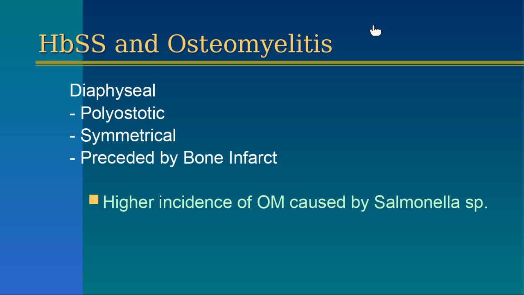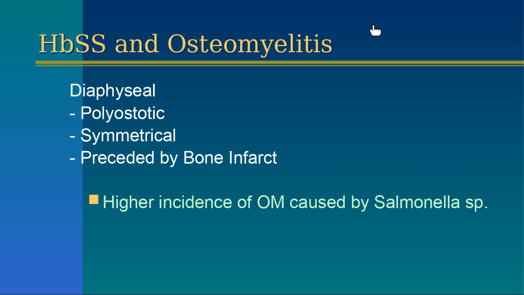And so the Salmonella may cause infection, whereas in persons without sickle cell disease, they're able to fight the Salmonella species. Having said that, the commonest organism that creates osteomyelitis in sicklers, for the most part, is still Staph aureus. What I'm saying is that there's a higher incidence of osteomyelitis caused by Salmonella.